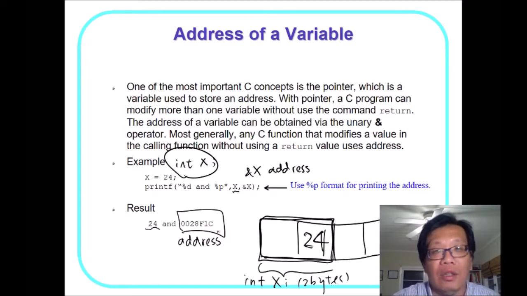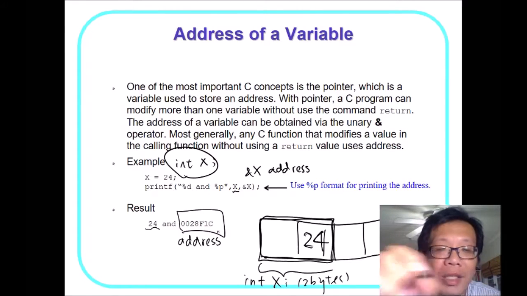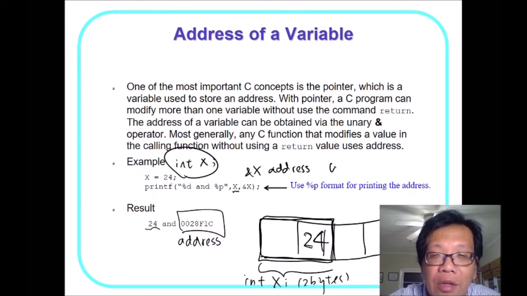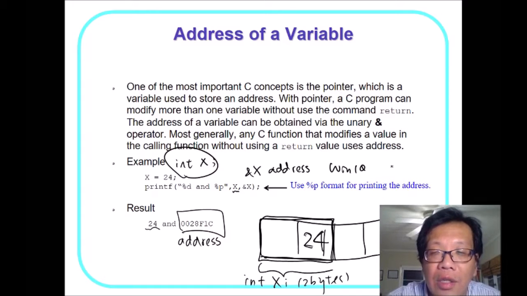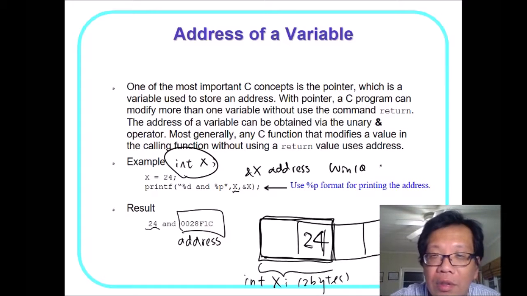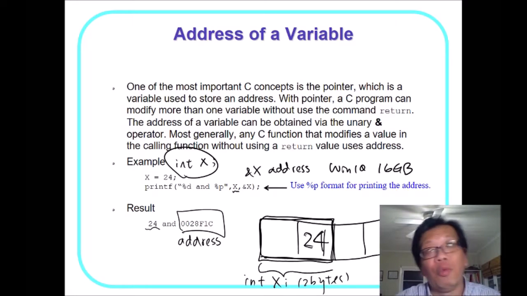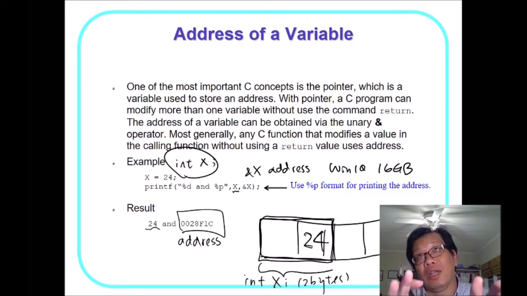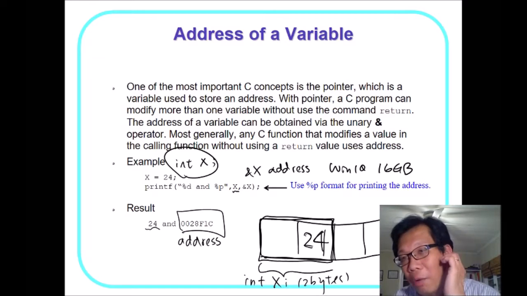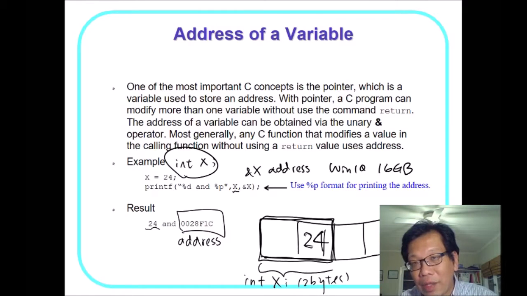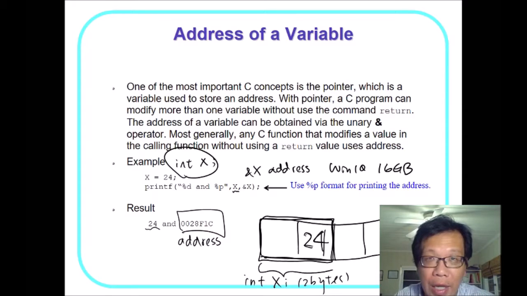It depends on what your system is like; let's say you have Windows 10 and 16 gigabytes of memory. So we ask the system to specify an area for my variable. When we say I want to specify this area, it actually reserves a place with an address.